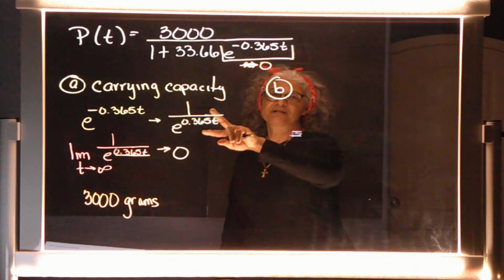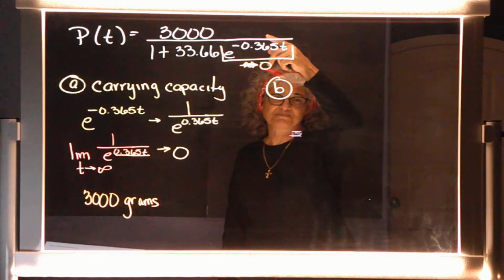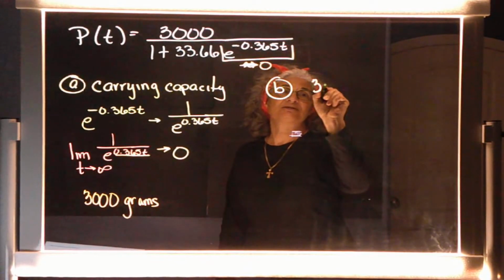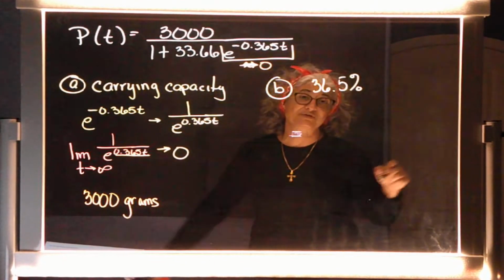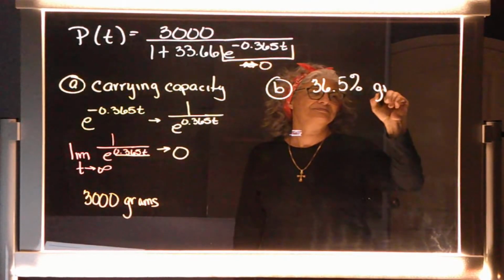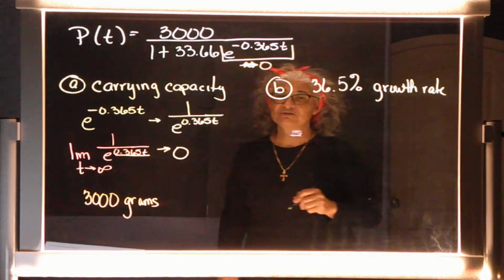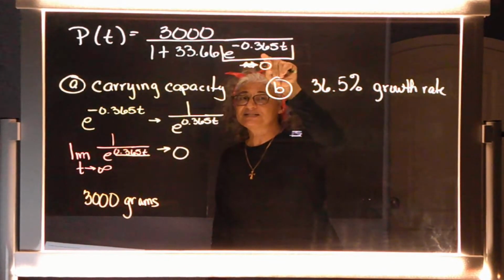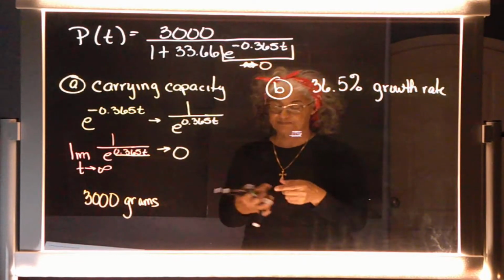I know we wrote it as a fraction, but if you multiply, it goes to the top, doesn't it? So in this particular example, our growth rate is 36.5%. So be careful. I know it was negative, but it was in the denominator, which means it really belongs in the numerator. So be careful about that.